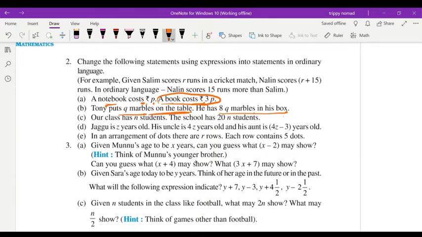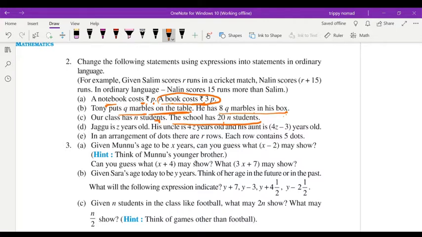How much marble he has put? 8 into Q. That means the number of marbles in the box by Tony is 8 times the marbles put on the table. Now C part, our class has n students, the school has 20n students. That means the number of students in the school is 20 times the students in our class.